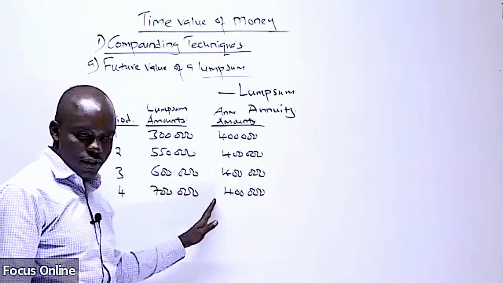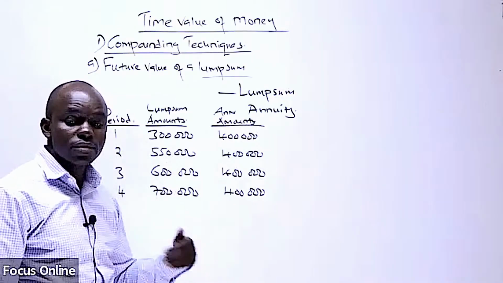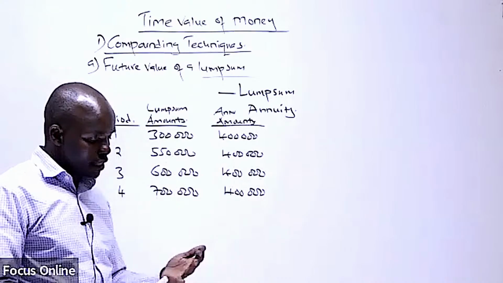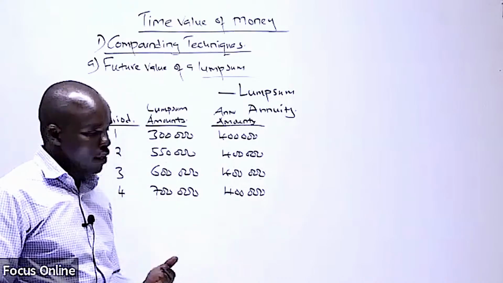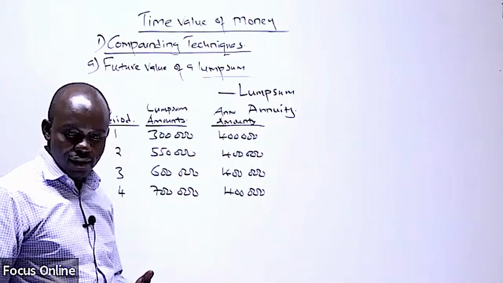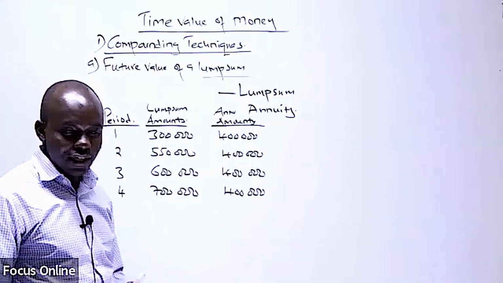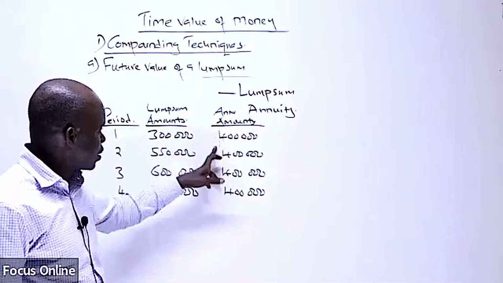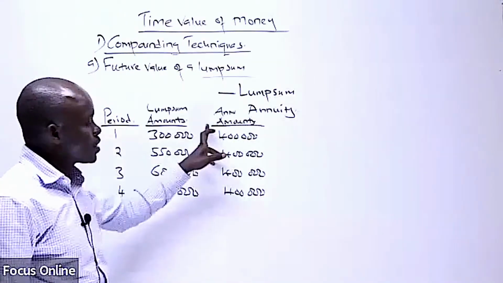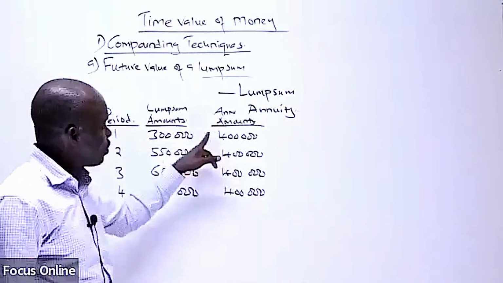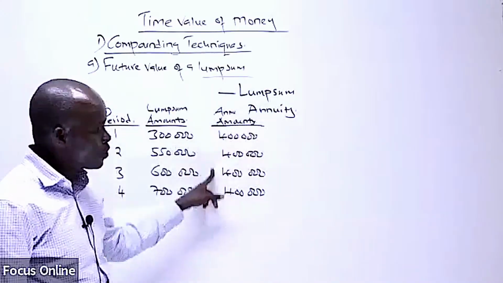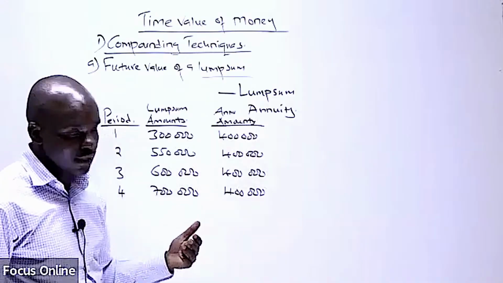When we say regularly, we mean it's either monthly, weekly, semi-annually, yearly, or quarterly. That means every month you're paying or receiving 400,000, that is an annuity. Or each year you're paying or receiving 400,000, that is an annuity.